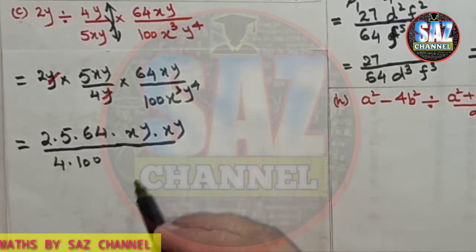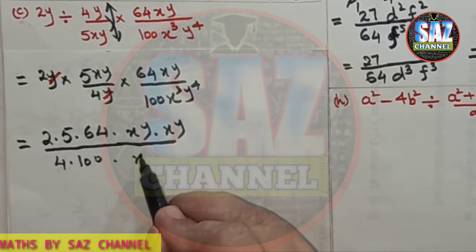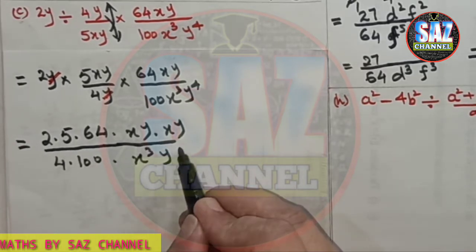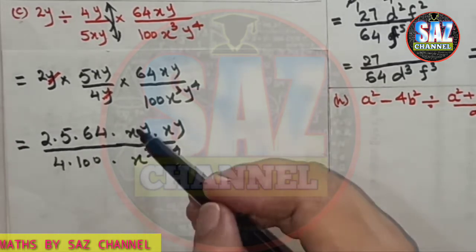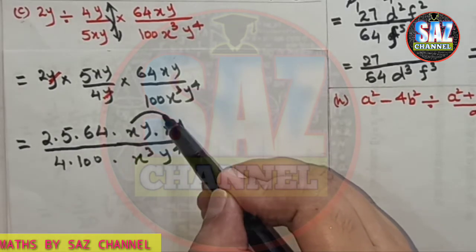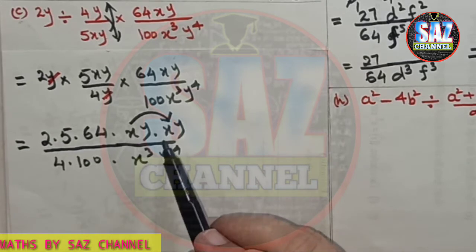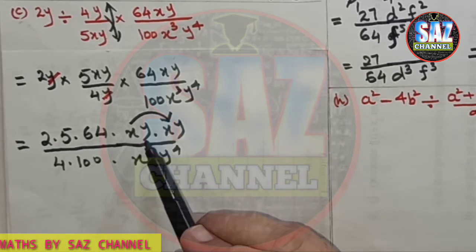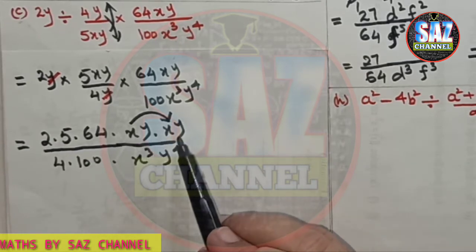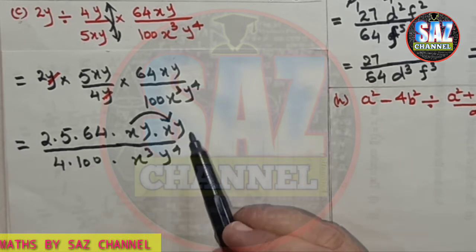In the denominator, I will have x cube and y4. Now, we can see that we have x multiplied by x in the numerator, so we can apply multiplication law of indices with same bases, and same for y. We can apply multiplication law of indices with same bases.